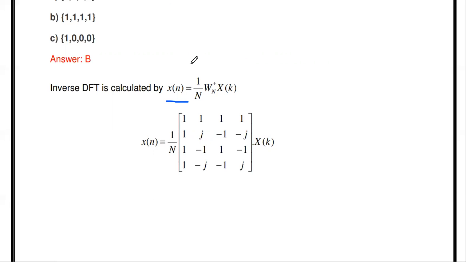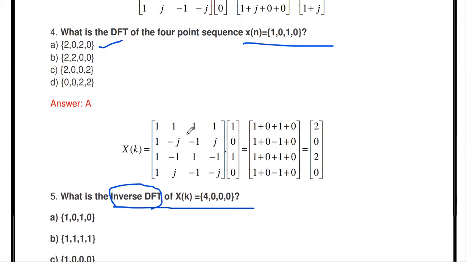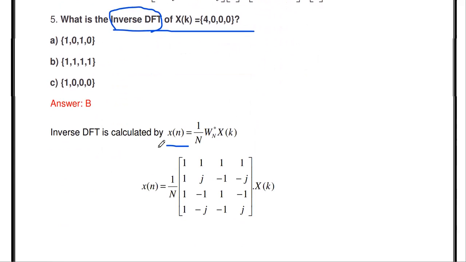Okay, so in a DFT question, the capital X of k is calculated by Wn multiplied with small x of n. We already discussed this: Wn multiplied with the given x of n gives the capital X of k. If you want to convert in reverse, the inverse DFT is 1 by N, Wn complex conjugate, times X of k.